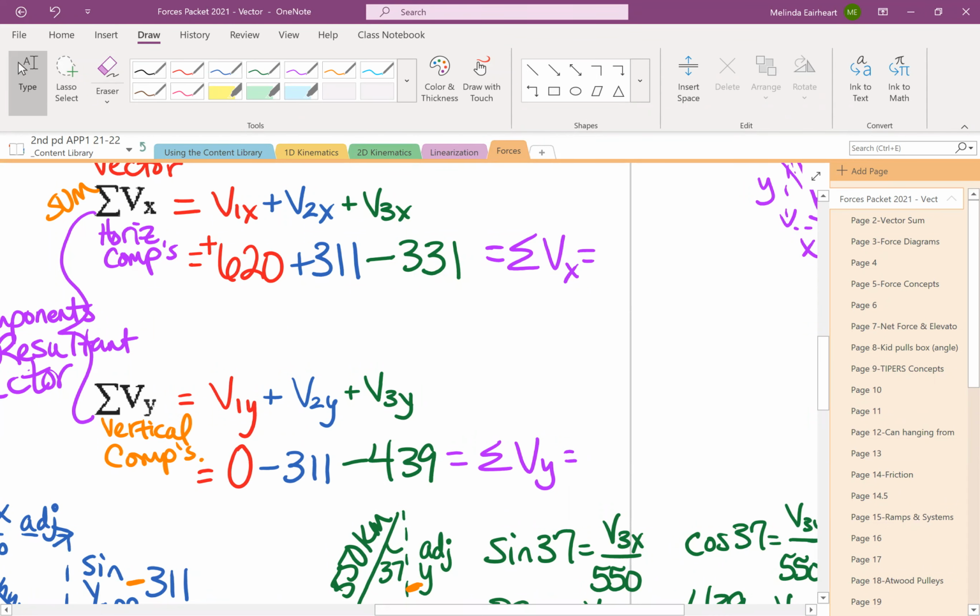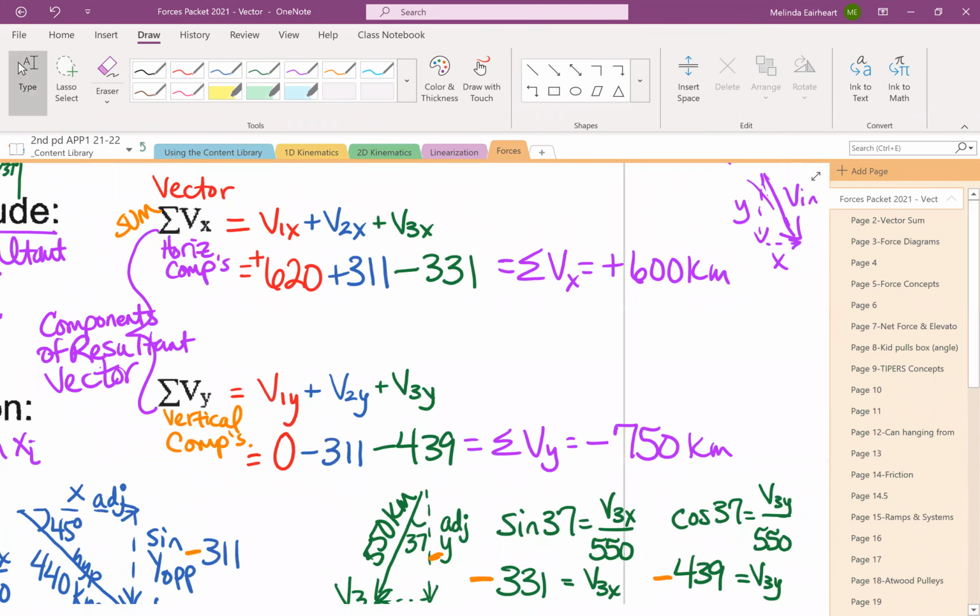So we're going to sum those 2 numbers plus 0, and I get a negative 750 kilometers. My answer is going to be kilometers here. And then same-ish thing with the horizontal. Be careful with that 311, 331. And I get a positive 600 kilometers. Everybody good there?